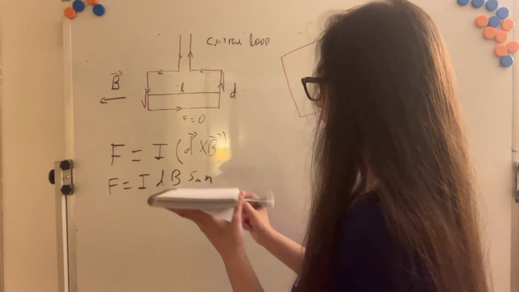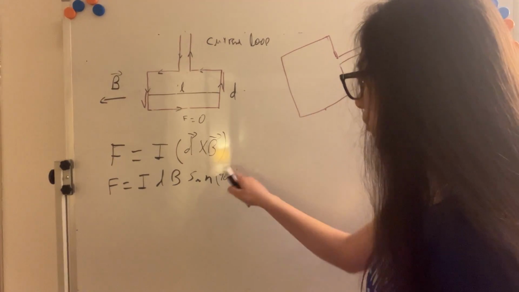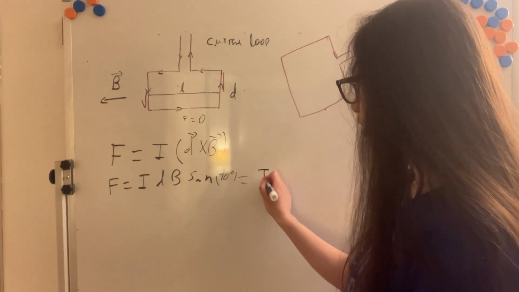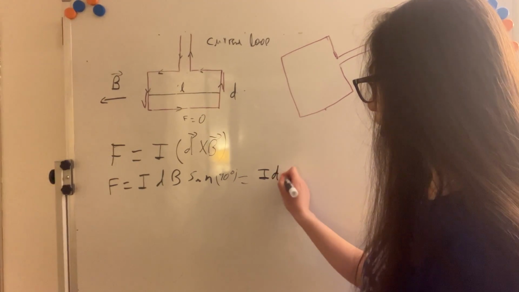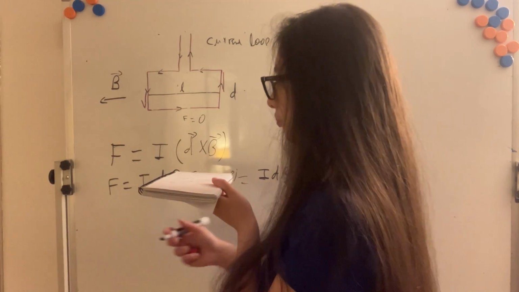So it is forming a 90-degree angle. The sine of a 90-degree angle is just 1, and so the force is I times the distance times B. And the same will be for this part.